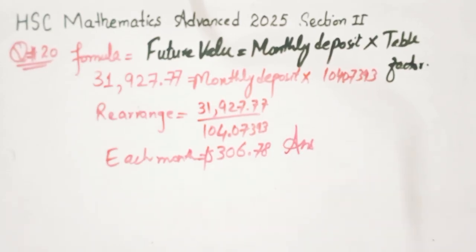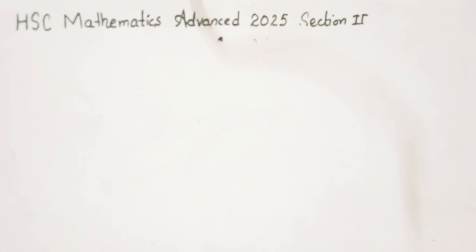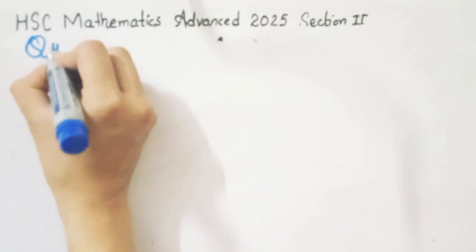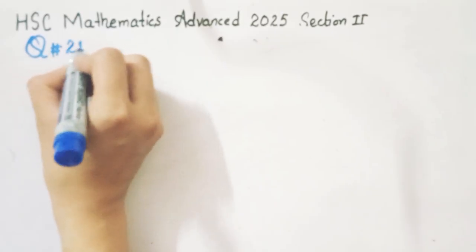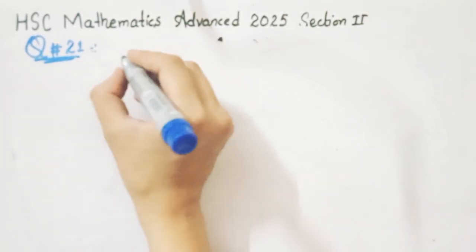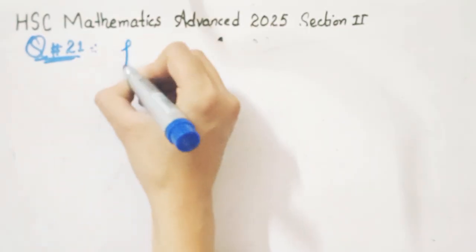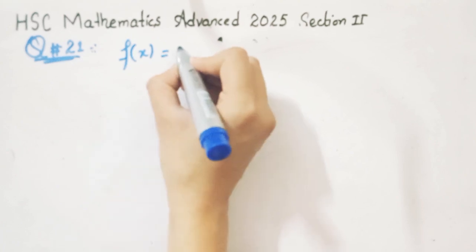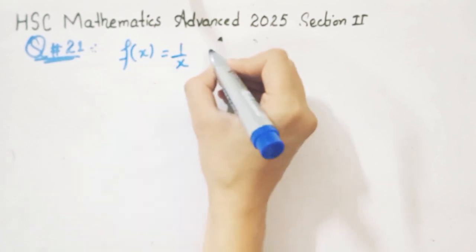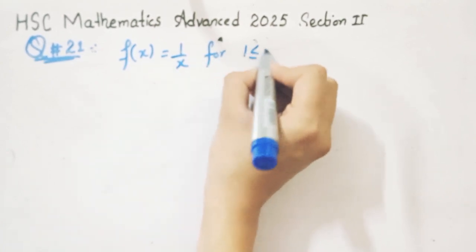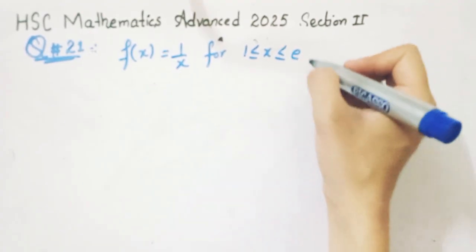Now we will solve the next question, question number 21. The next question is very interesting. In this question, the given data is f of x equals 1 by x for 1 less than x less than e.